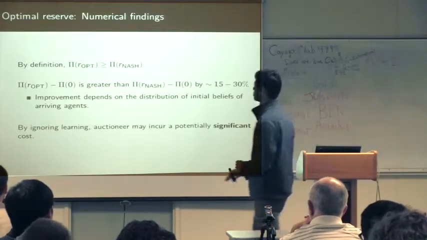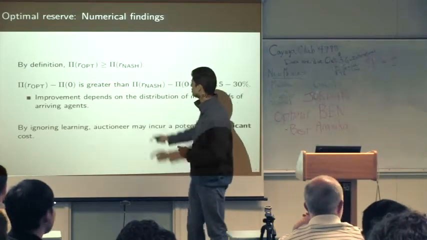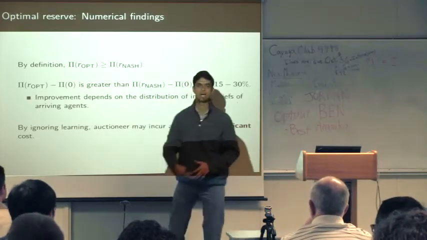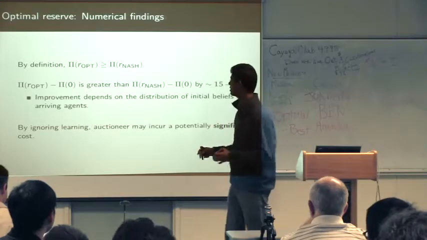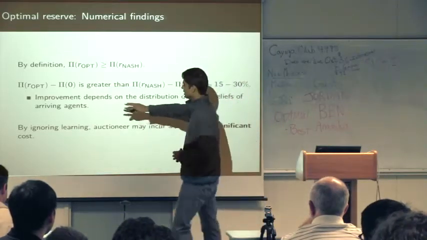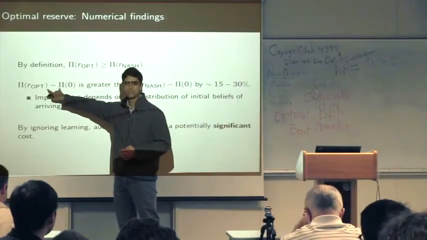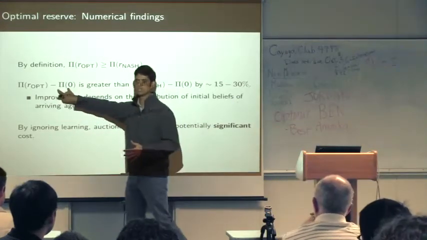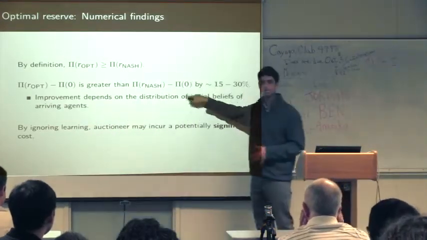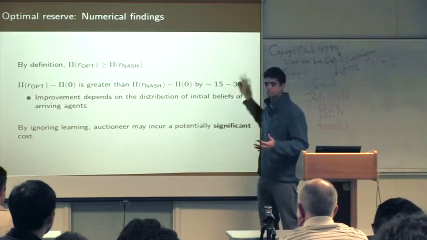So let me just quickly run through. By definition, adopting the Stackelberg approach is better, so your revenue would be higher. Numerically, we see that the additional payoff you get from setting a reserve in a Stackelberg approach is higher than what you would get in a Nash approach by 15 to 30%.